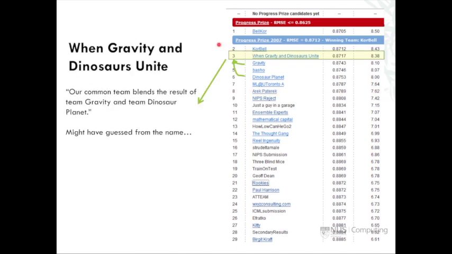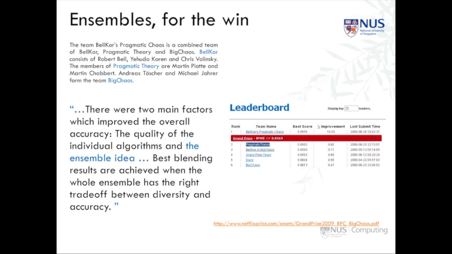Another team that has a very humorous name is When Gravity and Dinosaurs Unite. You can see that the 2 component teams of Gravity and Dinosaur Planet came together to create a learning algorithm that blends the results. Of course, we might have guessed that from the name itself. In fact, the winning team actually was an ensemble that put together several different approaches.